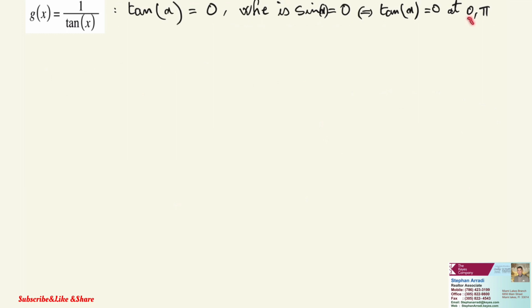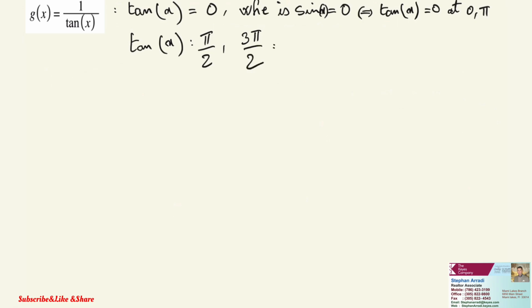It will be 0, pi, 2 pi, and keep running like this. It never stops. Therefore, this is the first step, and we know that the tangent of x is undefined at pi over 2 and 3 pi over 2.